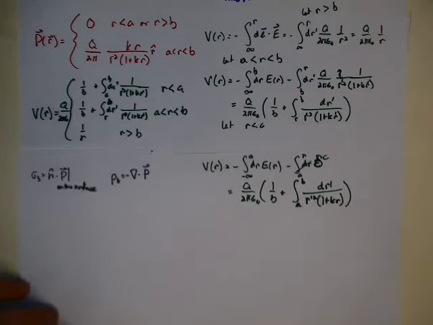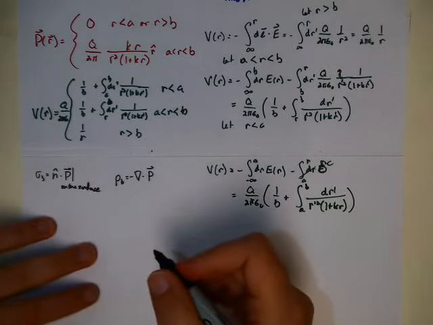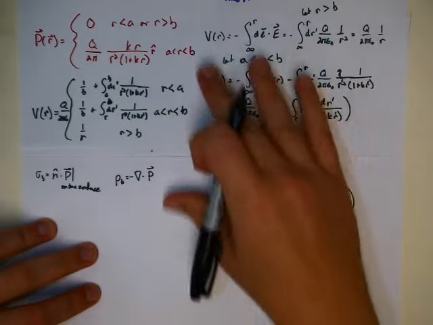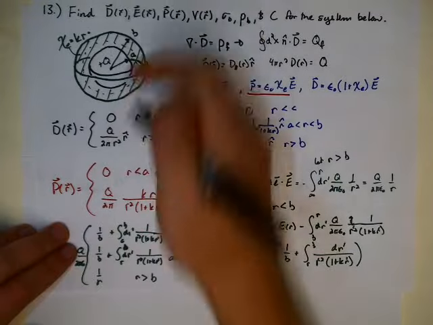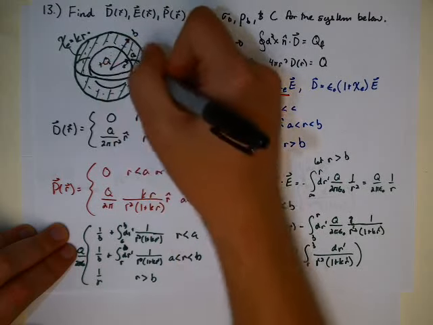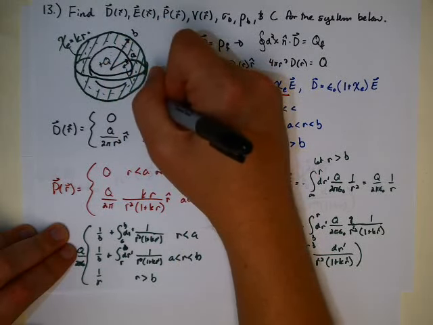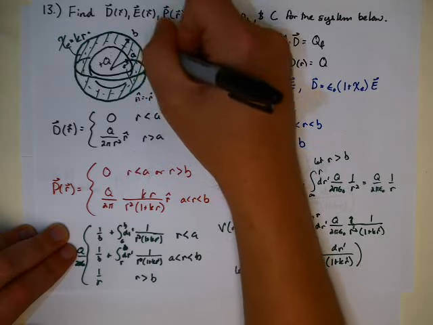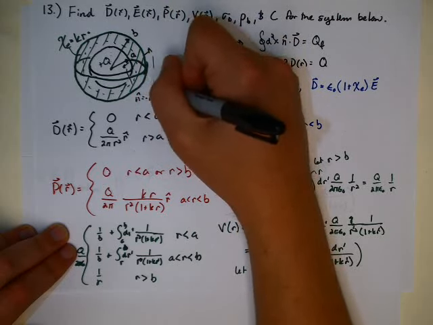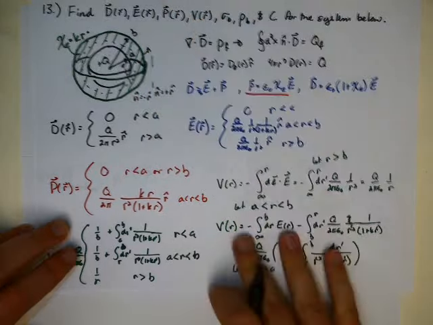And so we just need to evaluate these two. On the inner surface, we have obviously, in this case, n hat is minus r hat, and on the outer surface, we have n hat is equal to plus r hat.